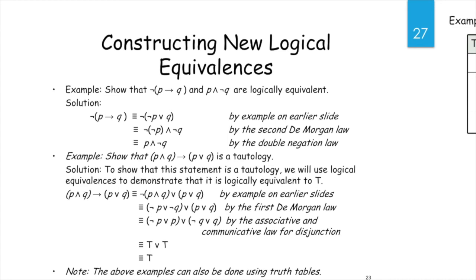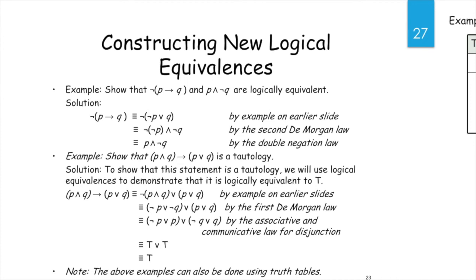Now by the first De Morgan law, we want to get rid of the parentheses, so we will put the not inside. So it's going to be not P, and the AND will become OR, not Q. Now keep the OR, keep the second part of the equation as it is. We have not done anything with it.